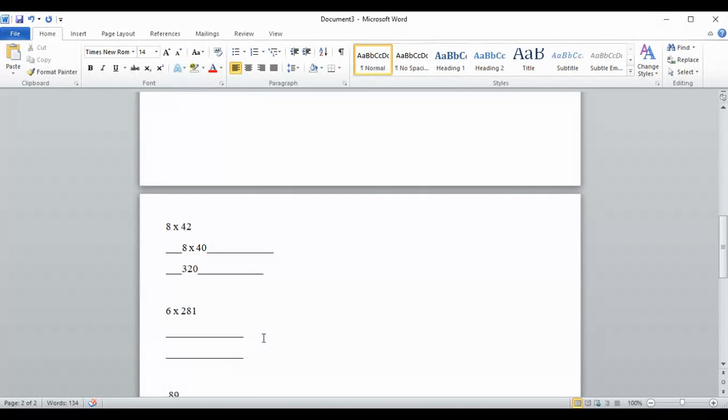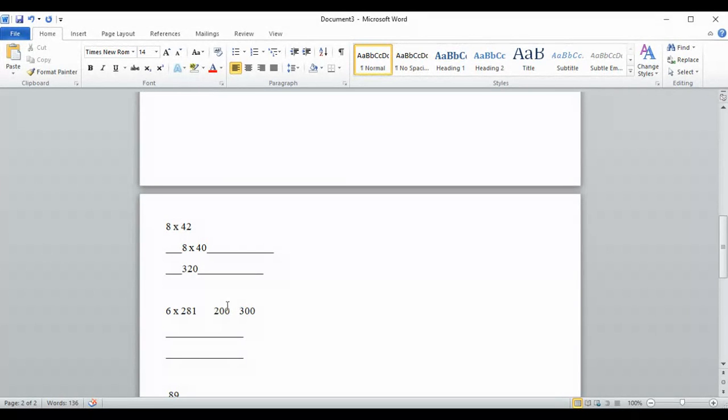Again, we have a 3-digit number. We're trying to decide, is 281 closer to 200 or 300? Sometimes a number line is helpful, but sometimes if I simply write down the two numbers that I'm deciding between, it helps me.